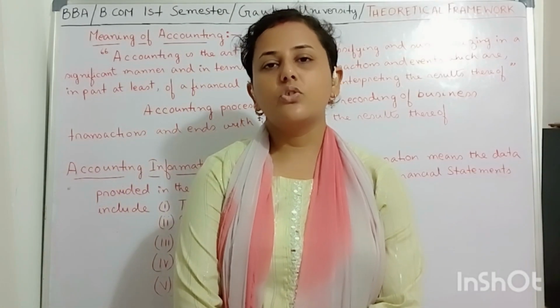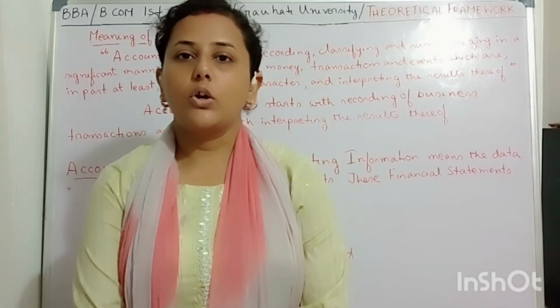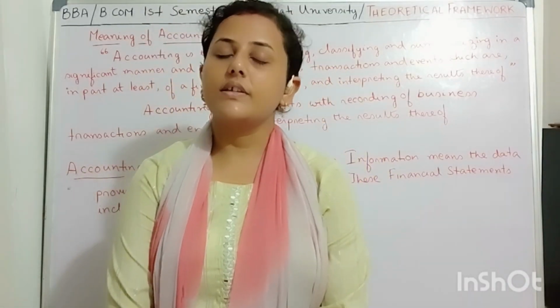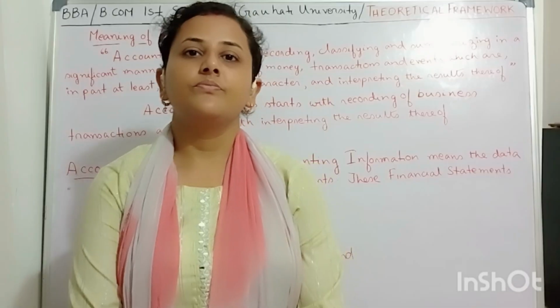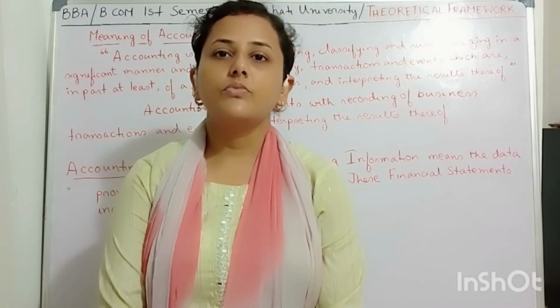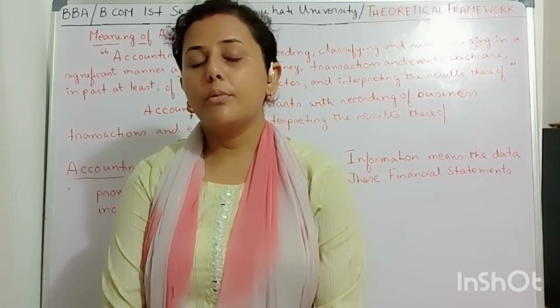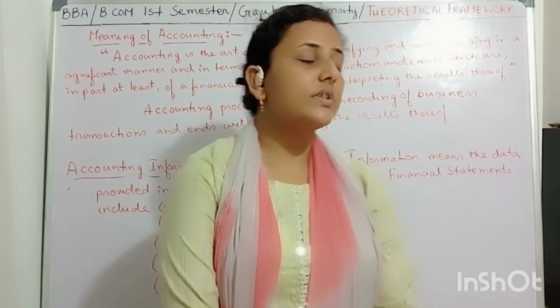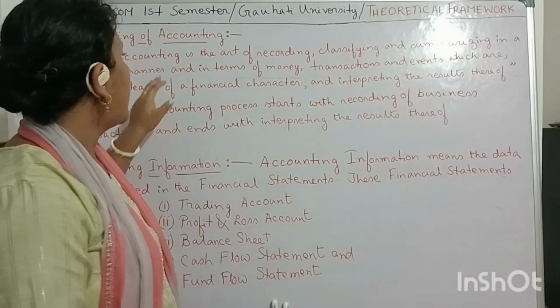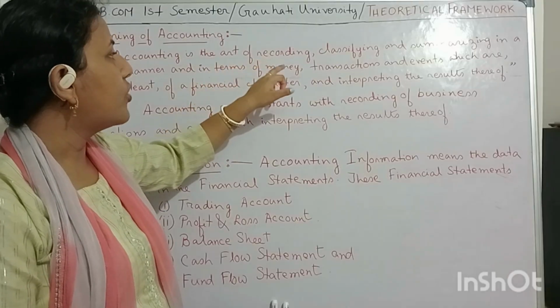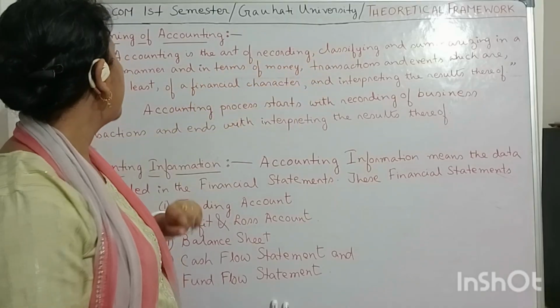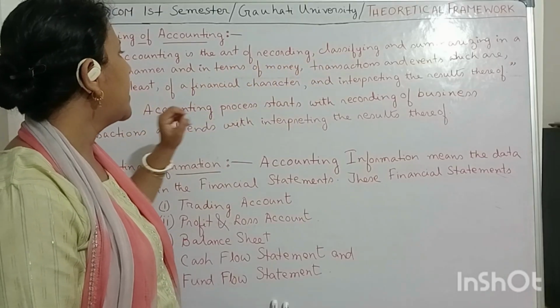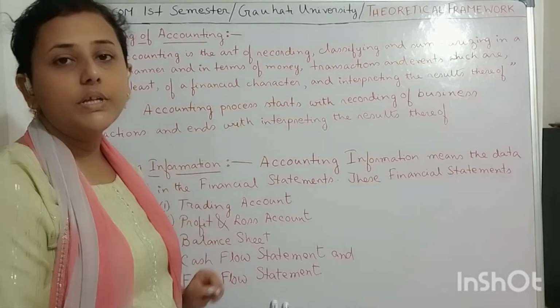It is not only recording, classifying and summarizing financial transactions, but also interpretation. The matter of interpretation is there. So you see, accounting is the art of recording, classifying and summarizing in a significant manner and in terms of money.